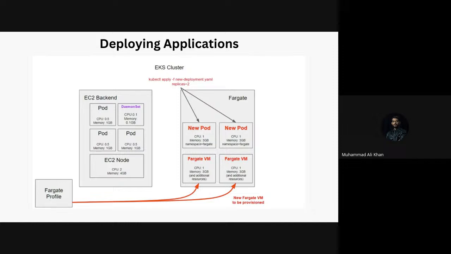Whenever you deploy a pod to your EKS Fargate cluster, based on the specific pod specification, EKS Fargate provisions a separate VM for that pod. Here in this architecture diagram, if we are applying a deployment with two replicas, it will create two Fargate VMs, one for each of those separate pods.